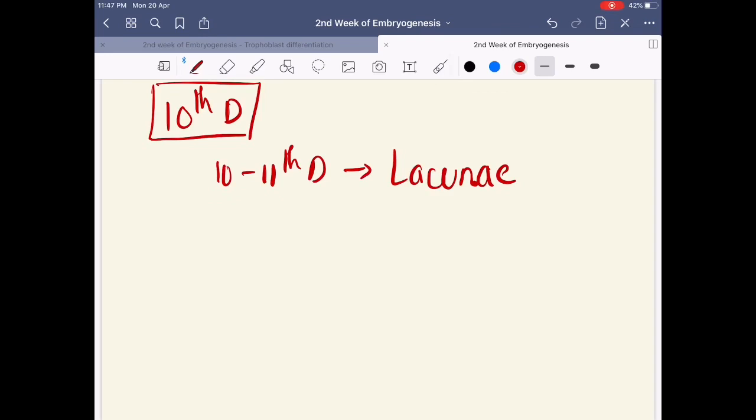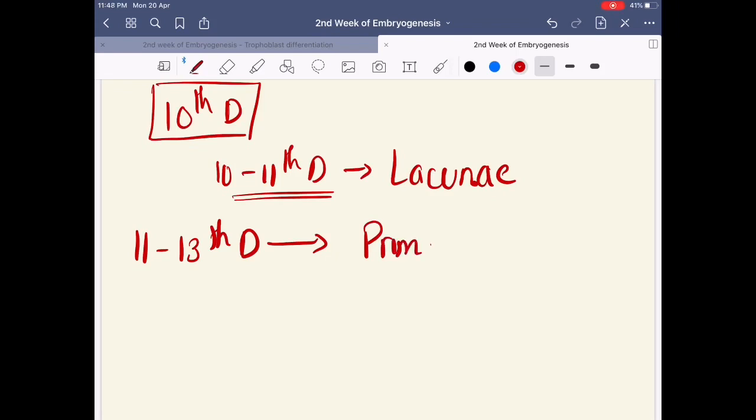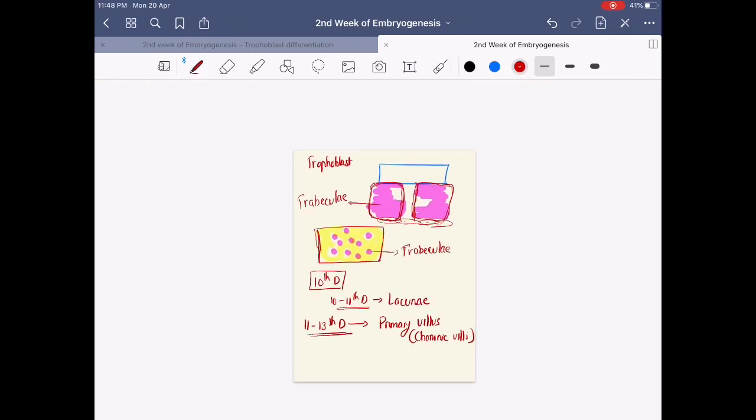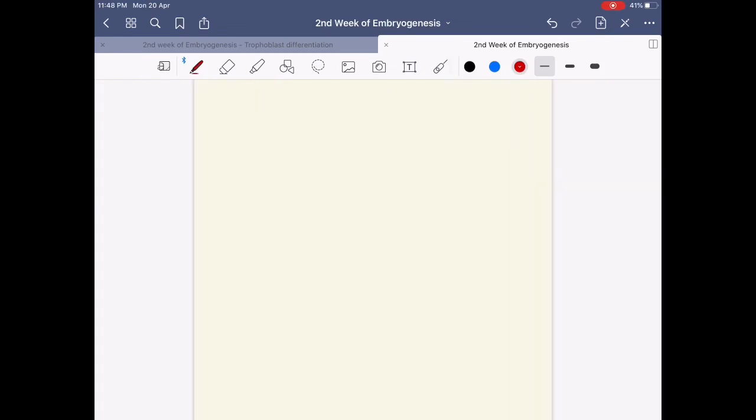Now next, this was your 10th to 11th day. From the 11th to 13th day after fertilization, you have the formation of the primary villus, the chorionic villi. Clear? So what happens during this period?